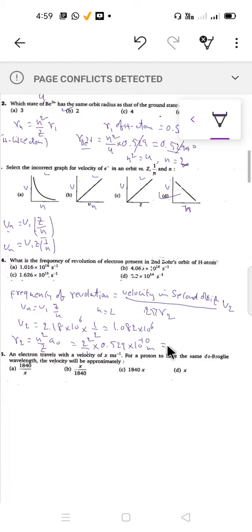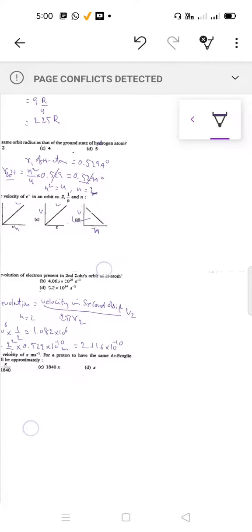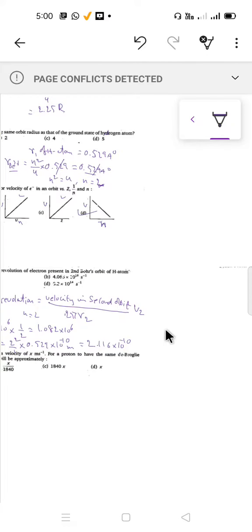So from this, on consolidation, you can get 2.116 into 10 to the power of minus 10. Okay, you can get these two values, then find out the answer.